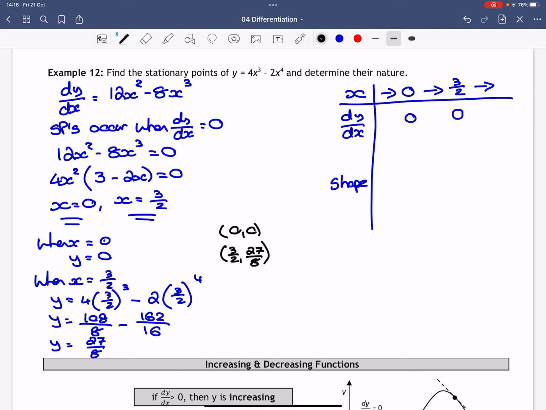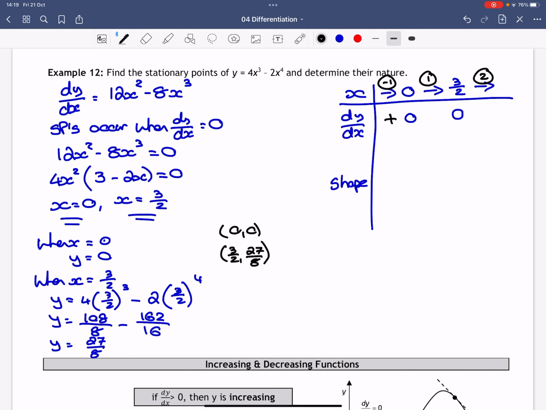So let me pick values that are before, between, and after the stationary points. So I think I'll go for -1 here. I'll go for 1 here. I'll go for 2 here. So if I put -1 into my derivative, I'm going to get 12 times -1 squared, so it's going to be 12, plus 8, which is going to be 20, so it's going to be positive.